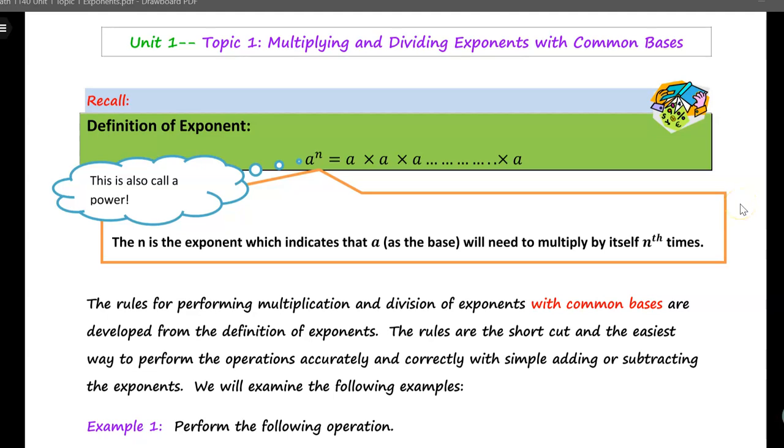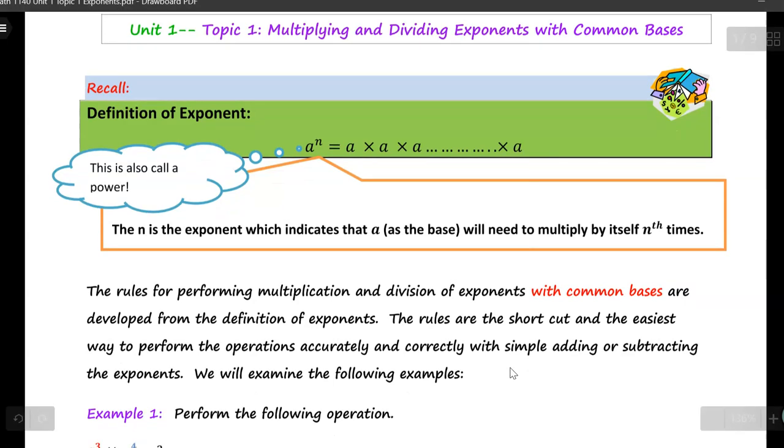There's a rule to perform the multiplication and division of exponents with common bases, so I'm talking about the same base in this case. We will base it on the definition of the exponent to prove whether we can apply the formulas of adding and subtracting the exponents.